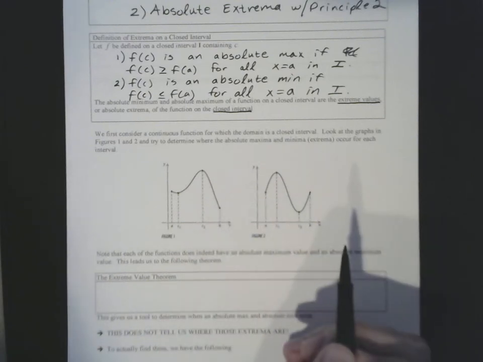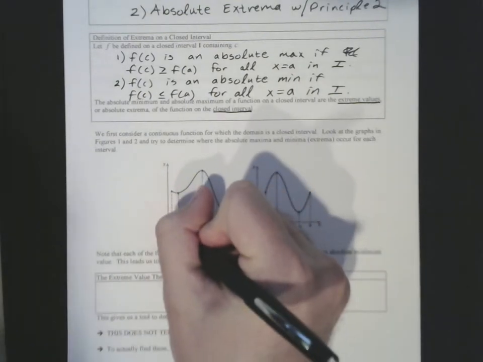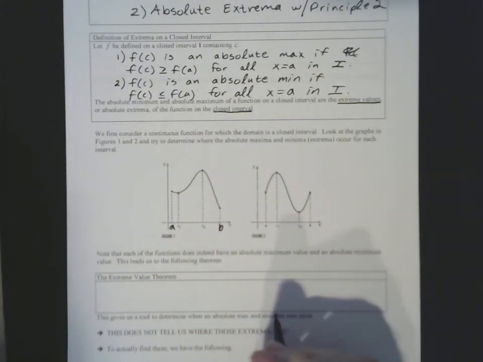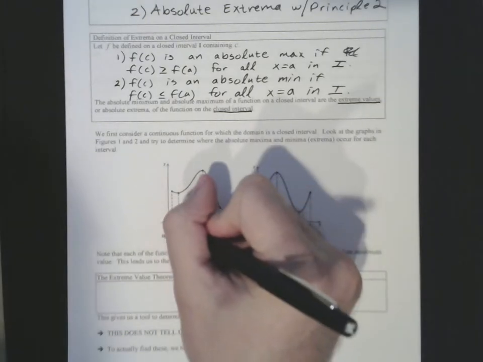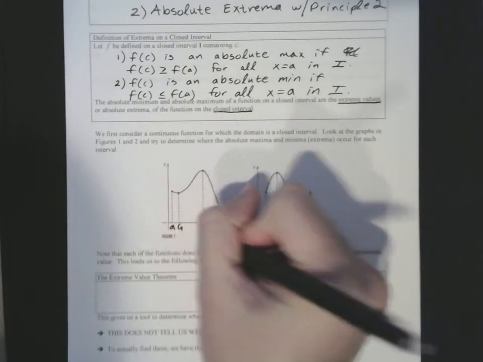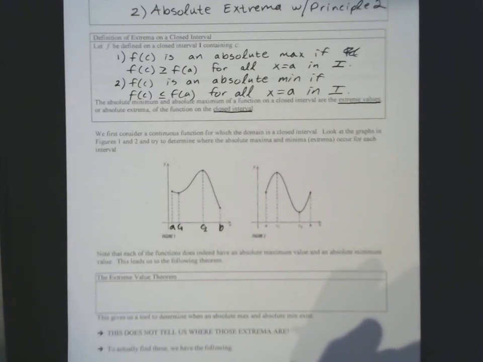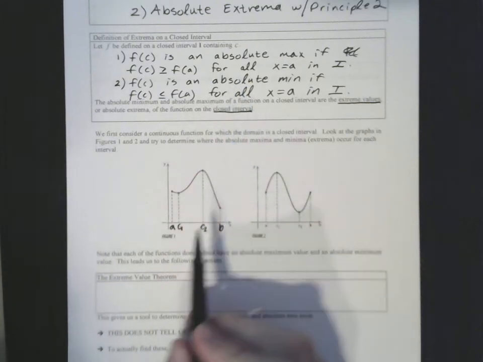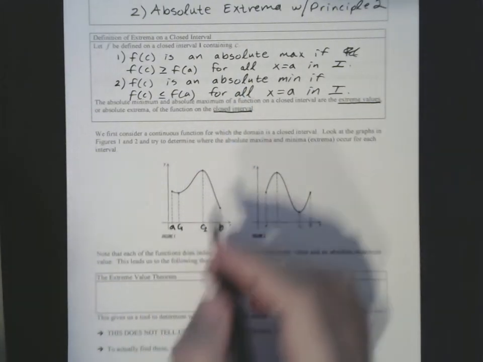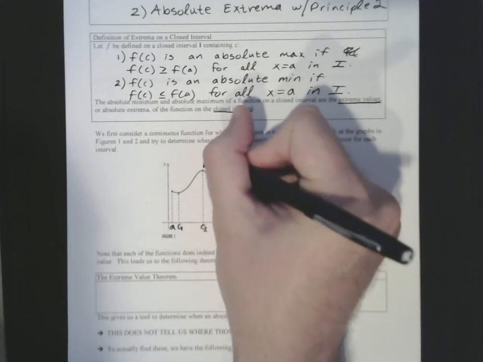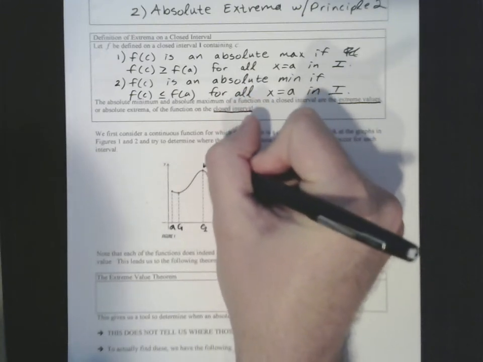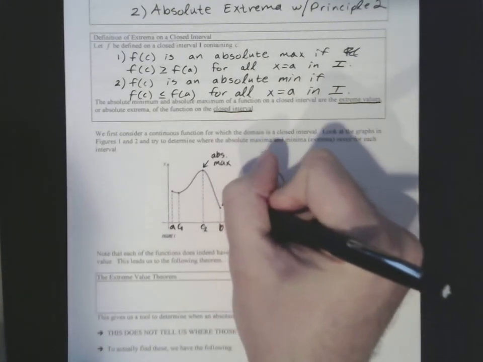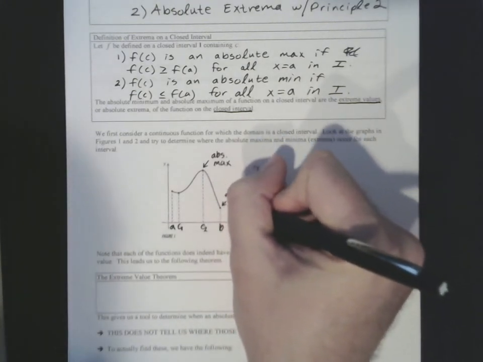The way that we handle this is we look at the start of our interval at a, the end of our interval at b, and then, just as we did in the previous sections, we find our critical numbers, c1, c2 in this case, and we compare all of them to this definition. The thing that's biggest, the y value that's biggest, is this, so this right here is the absolute max. And the thing that's smallest is this one right here, so this is the absolute minimum.